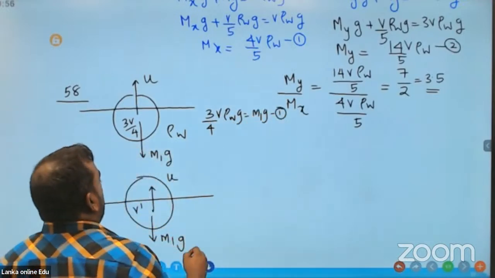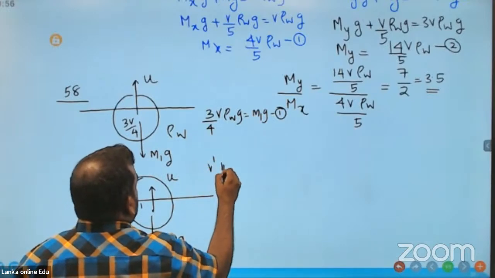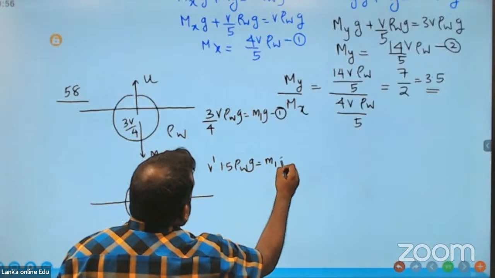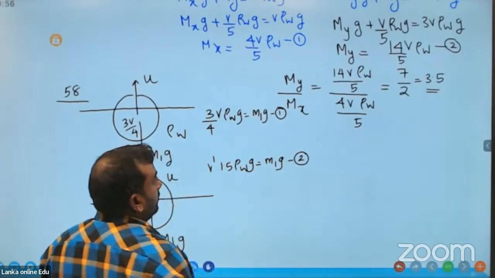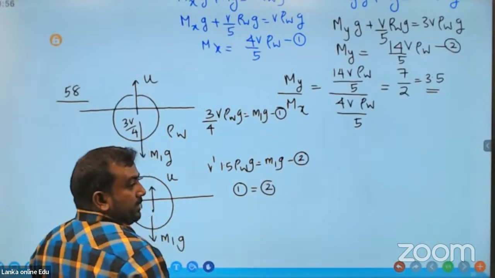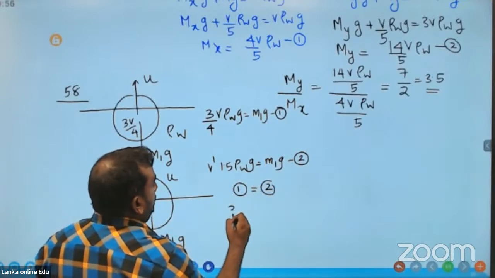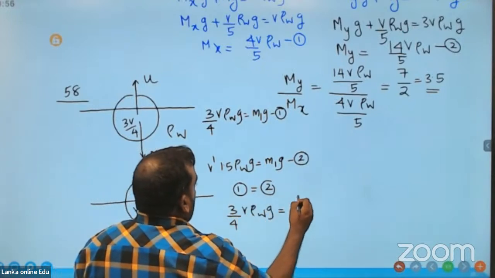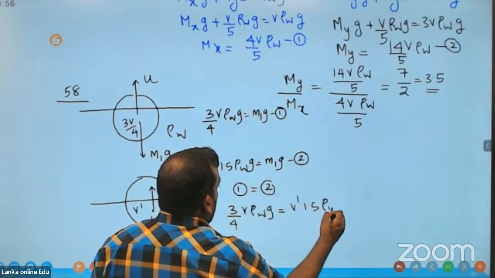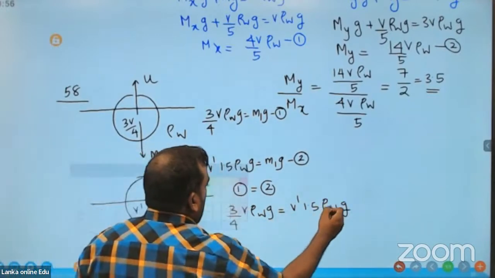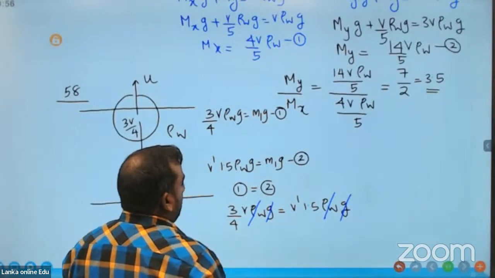If I substitute here, V dash 1.5 rho Wg is equal to m1g. 1 and 2 are equal because both are equal to the same weight. So 3/4 V rho Wg equals V dash 1.5 rho Wg. Simplify this, rho Wg cancels off.